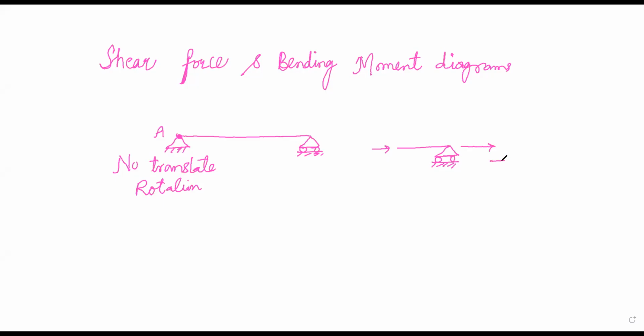So at the roller support there is translation, but there is no rotation. That's very important. So a beam having a pin support at one end and a roller support at the other end is known as a simply supported beam.